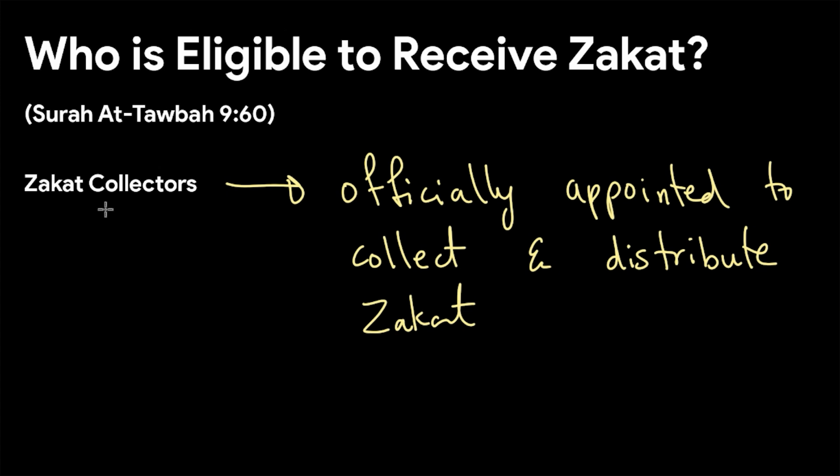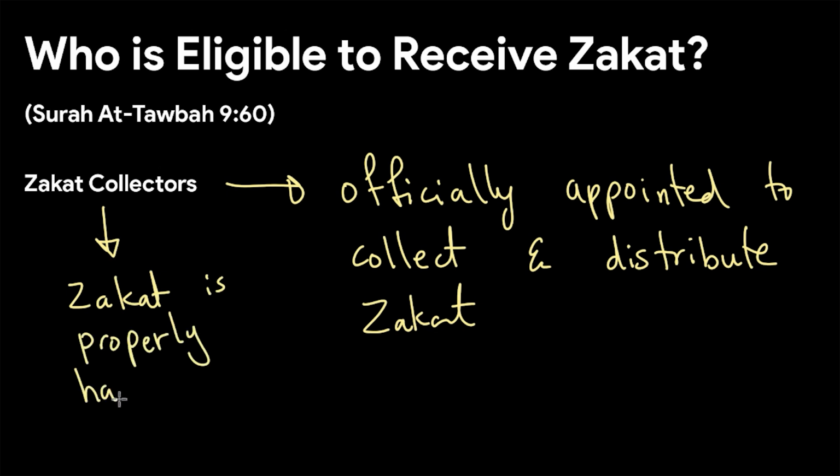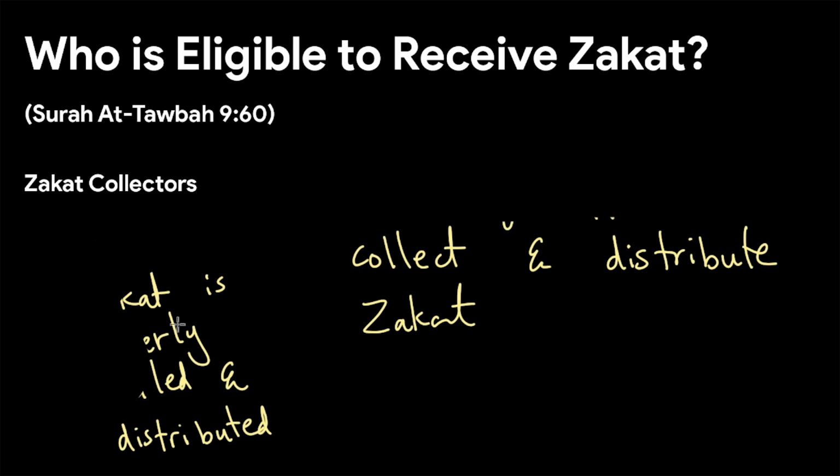This is because zakat collectors ensure that zakat is properly handled and distributed. And so as a result, they're entitled to a small portion of the zakat that they receive as payment for their service.